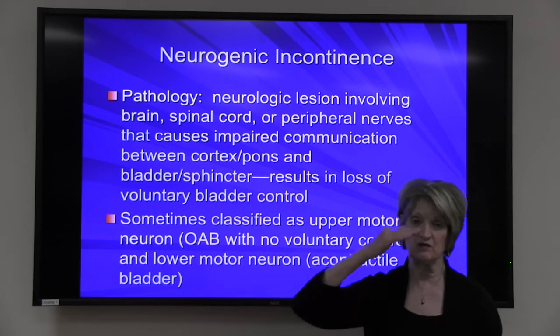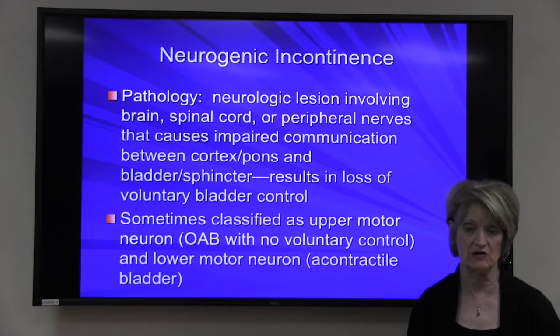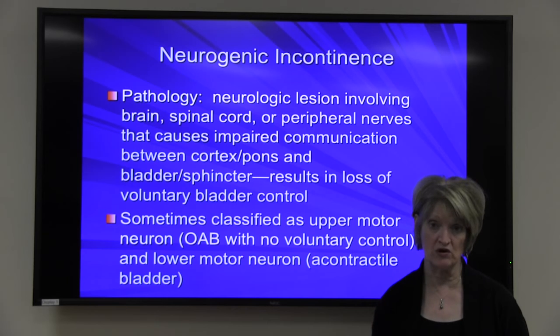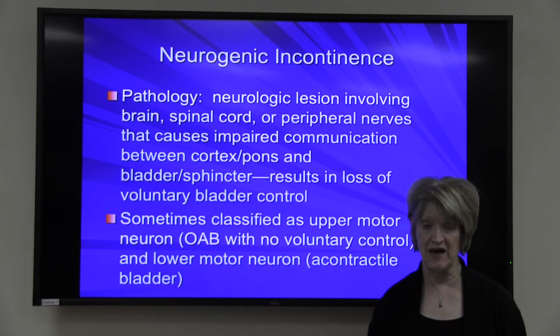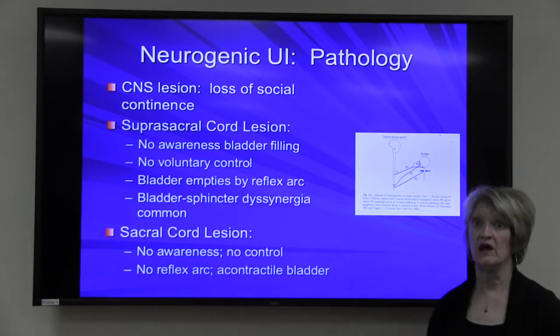It means that it involves the brain or the upper cord, and you lose voluntary control and typically have frequency and urgency. Lower motor neuron lesions are caused by sacral cord level lesions, and they cause a non-contractile bladder that becomes massively distended with just overflow leakage. Again, don't worry about upper motor neuron, lower motor neuron. That's not what we're going to test you on.